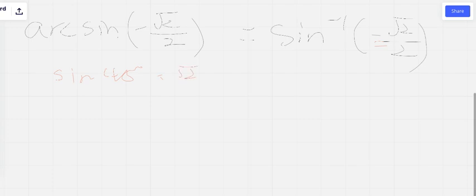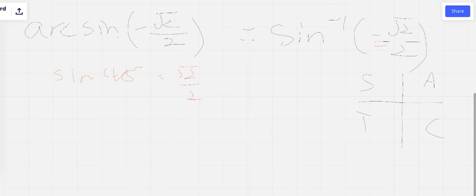root 2 over 2. However, according to the circle we learned, ASTC, in the first quadrant all of them are positive, and in this quadrant only sine is positive. In the third quadrant only tangent is positive. In the fourth quadrant only cosine is positive.